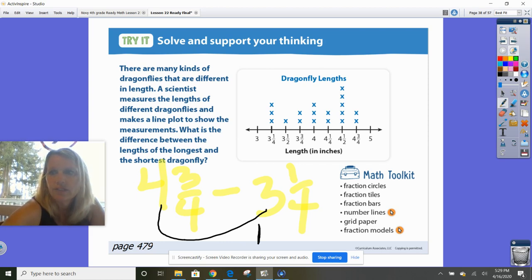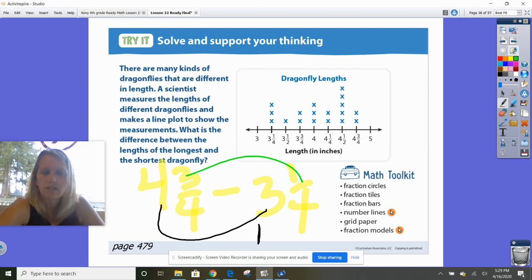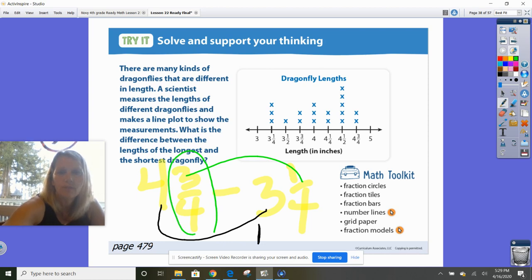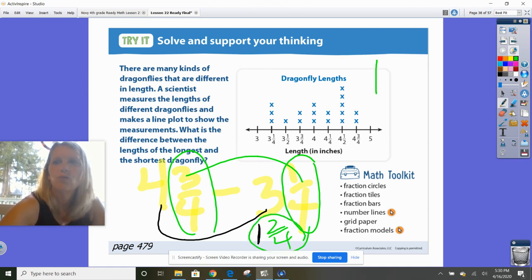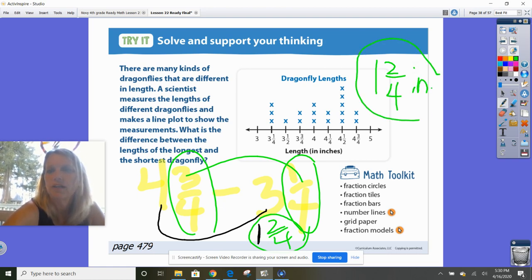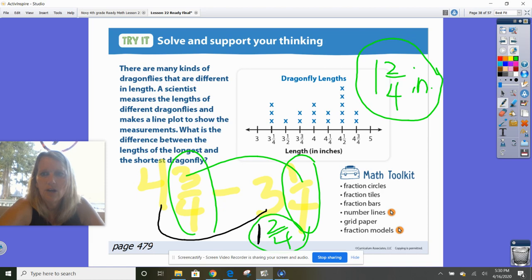And then I'll use a different color to look at the parts. 3/4 minus 1/4 is 2/4. So I'm getting 1 2/4 for an answer. Now we need to put inches. So 1 2/4 inches, and then circle my answer so it's easy to see. Or you could say 1 1/2, because that would be the same.